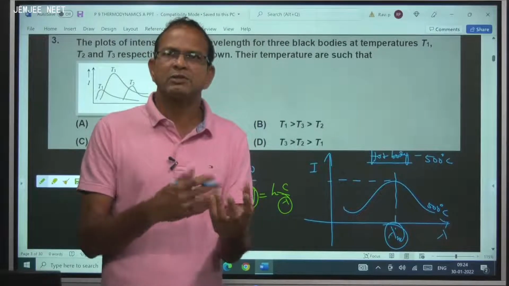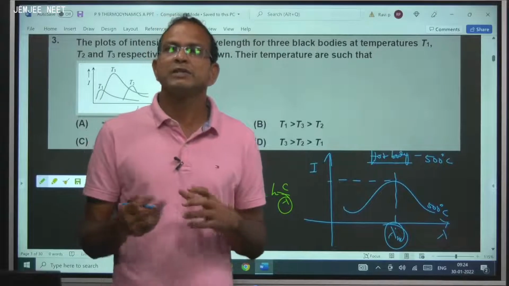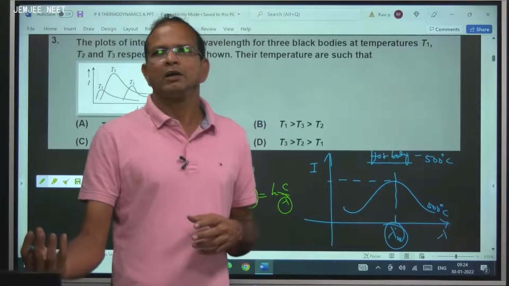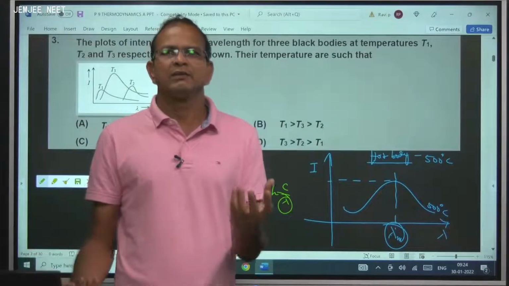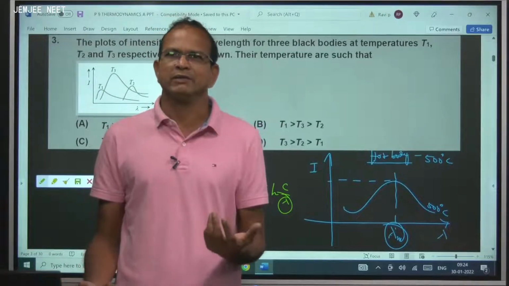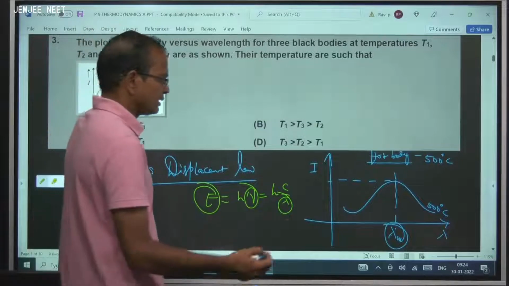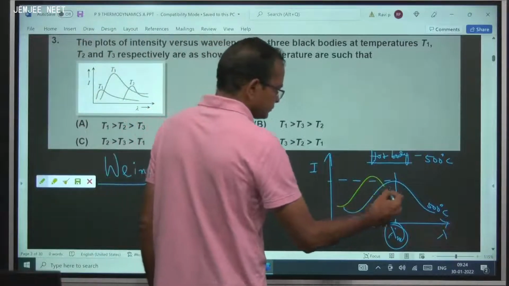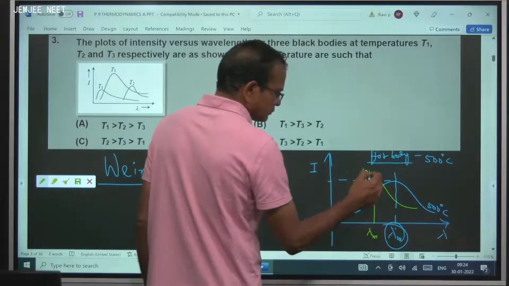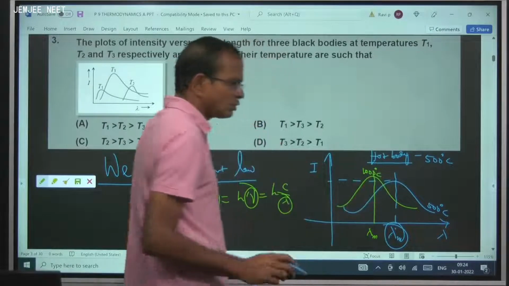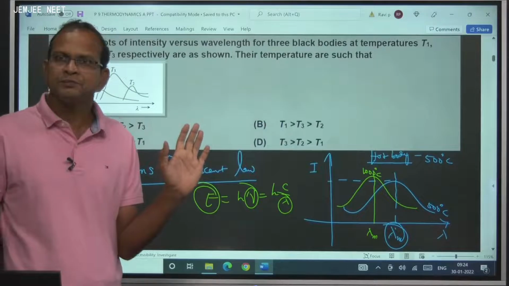At 1000 degrees I could see it because it is emitting visible light. Infrared has longer wavelength, whereas visible has comparatively less wavelength. Now my graph goes like this. Got the point?